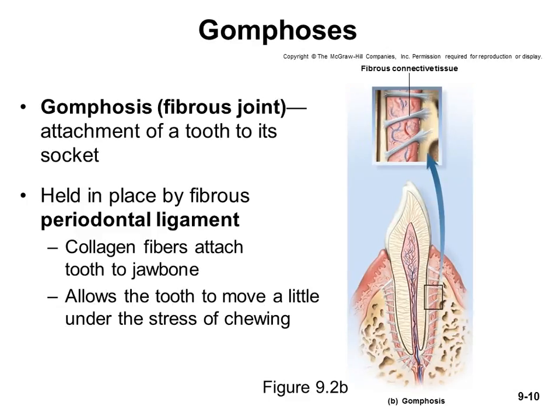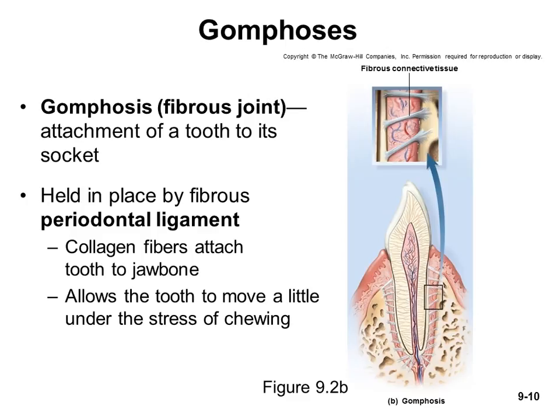There's going to be a slight amount of movement with this particular type of joint. You can actually sense how hard you're biting on food because this joint allows your teeth to move a little bit. Also, when you have popcorn kernels stuck between your teeth, that's because there's a slight amount of movement.